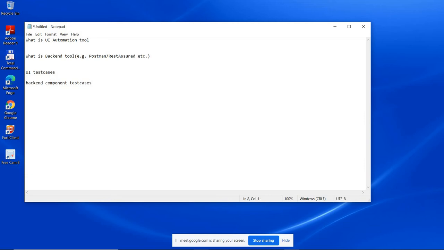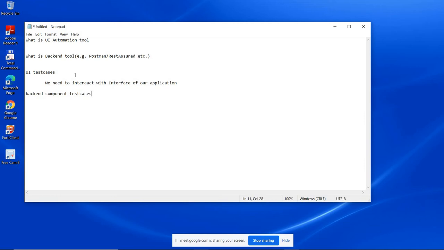UI test cases are where we need to interact with the interface of our application, right? And backend test cases means testing such components of our application. They are part of our application only, but they don't have any UI interfaces.